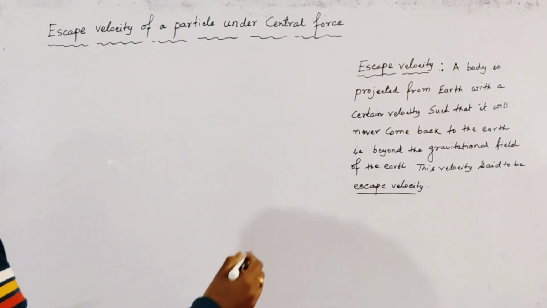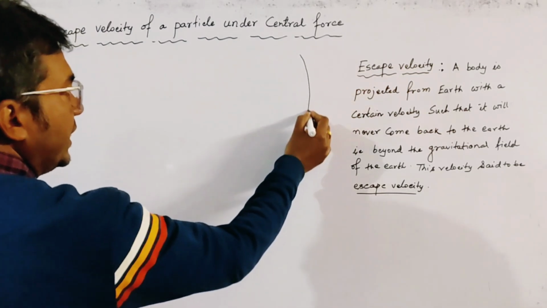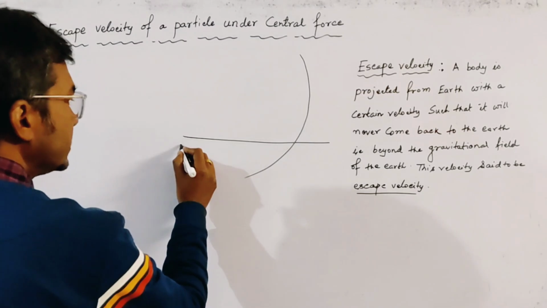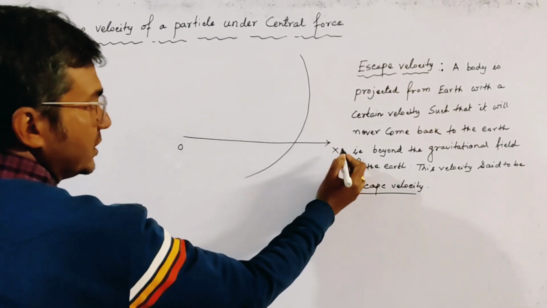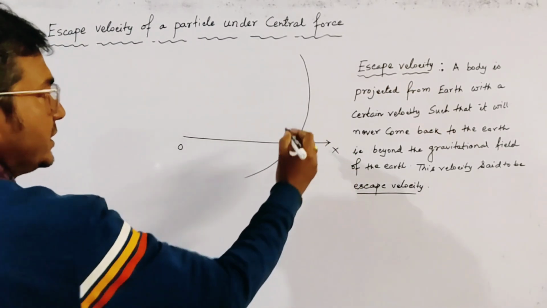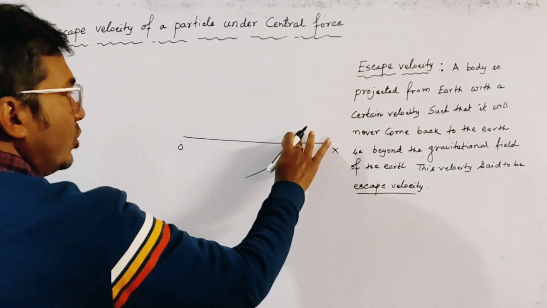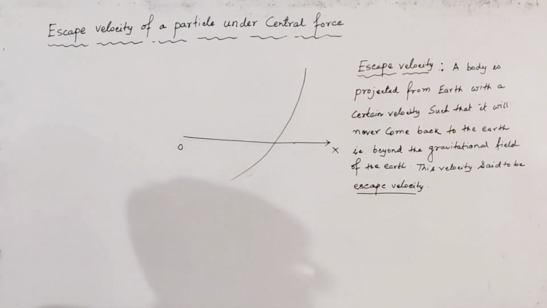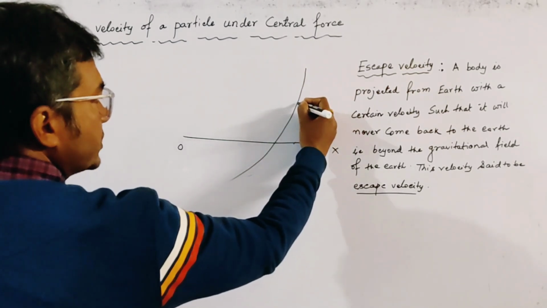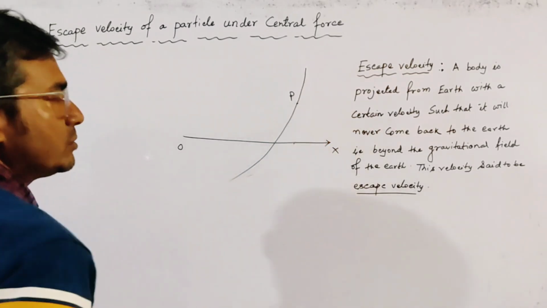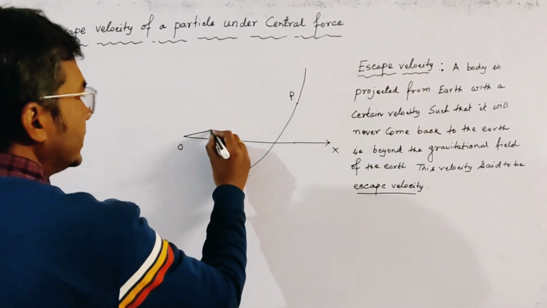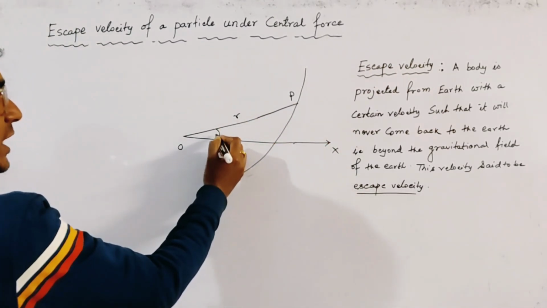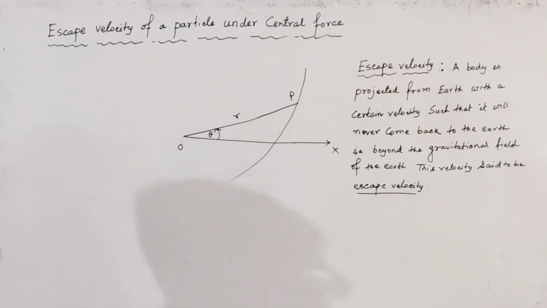So we first take a central orbit, and let this be the initial line and this the pole. Let the particle on the central orbit be at P. This is the position of the particle, and clearly this is the radius vector r, and this is the vectorial angle theta.